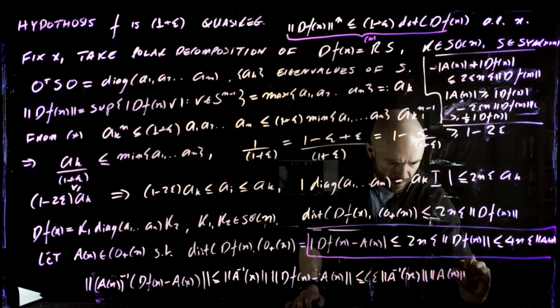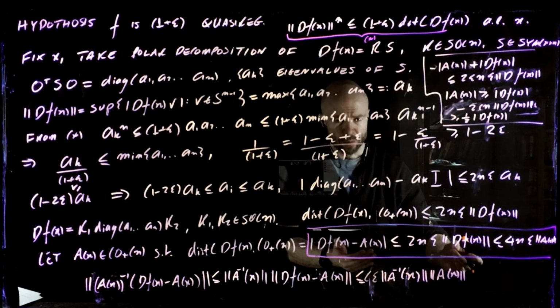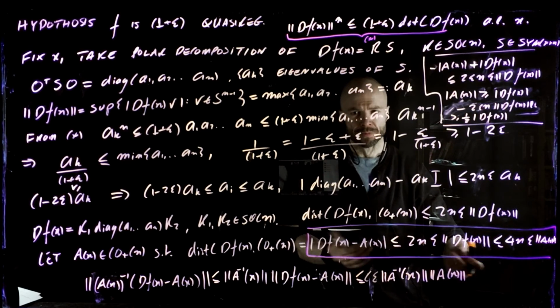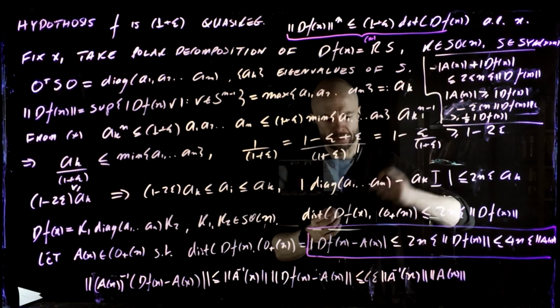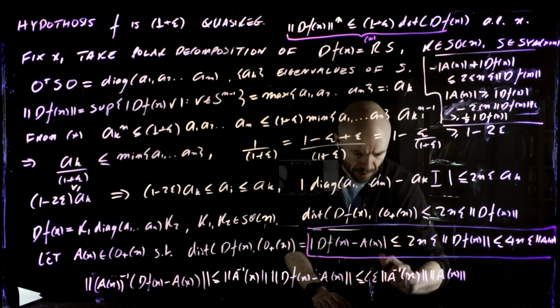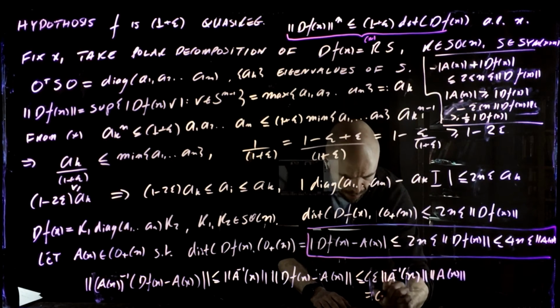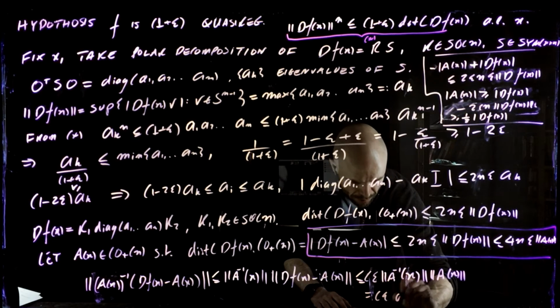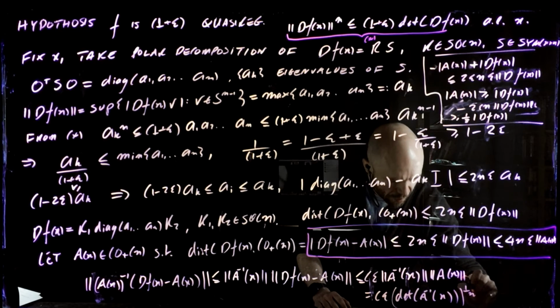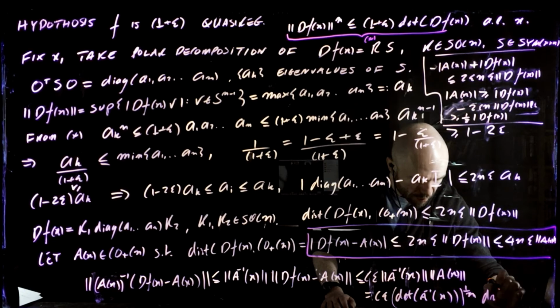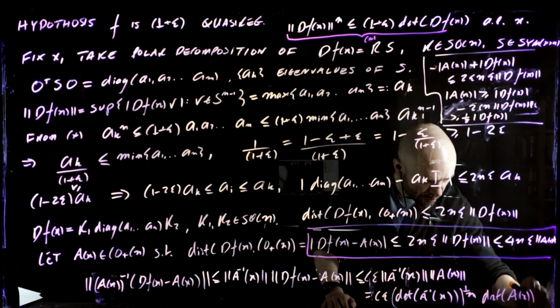so constant times epsilon times the operator norm of A of x, like this. But A is a conformal matrix, right? So the operator norm is the same as the determinant to the root power, right? So this is equal to constant times epsilon, the determinant of A to the -1 of x to the nth power, and then determinant of A of x to the nth power, like this.